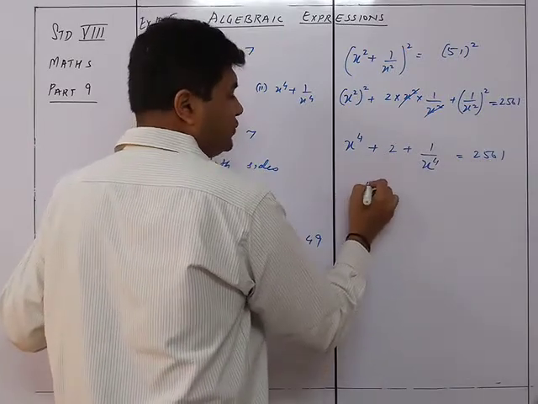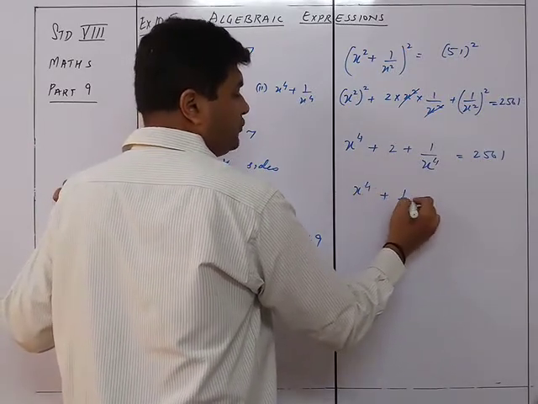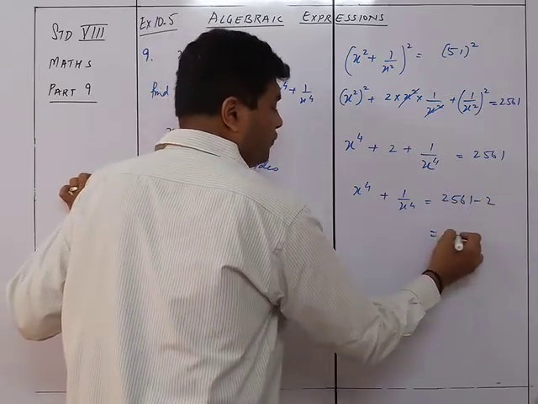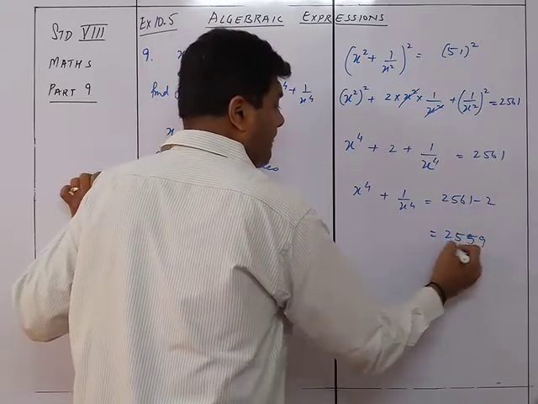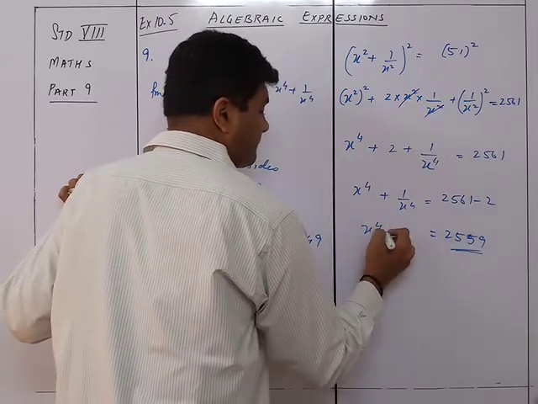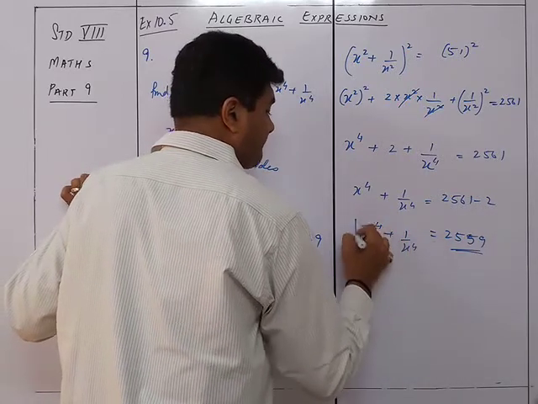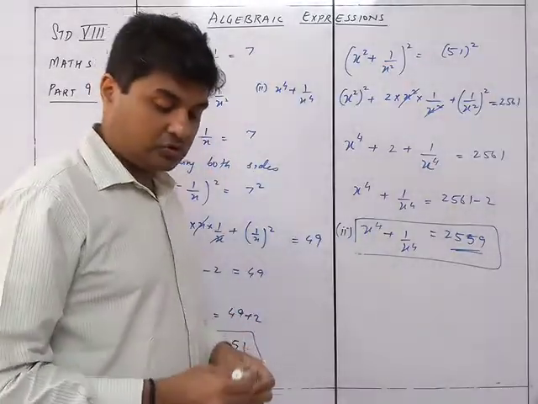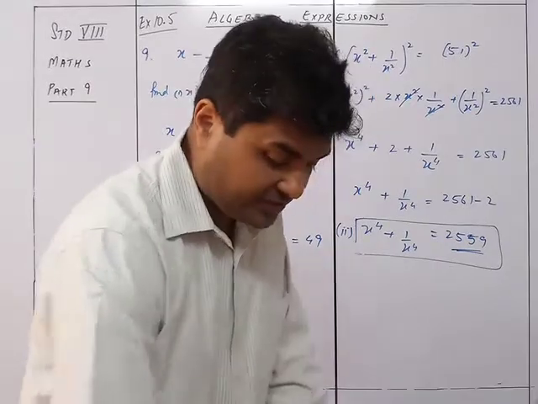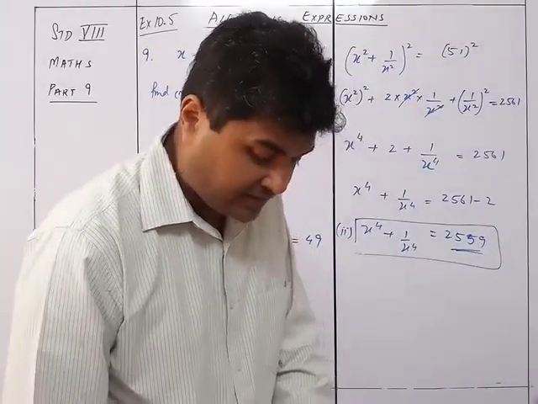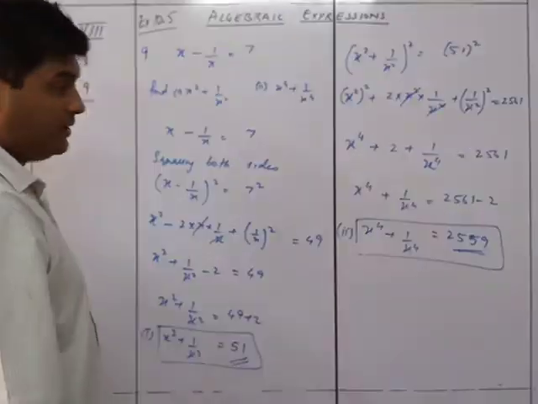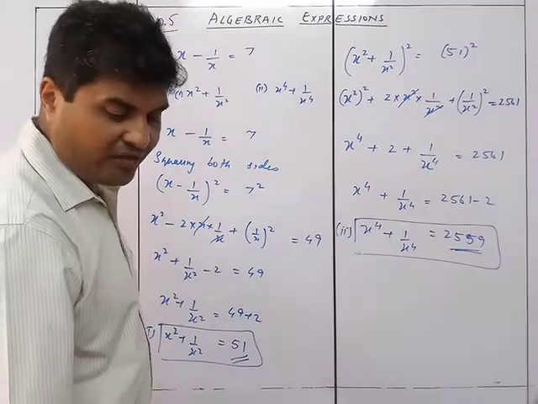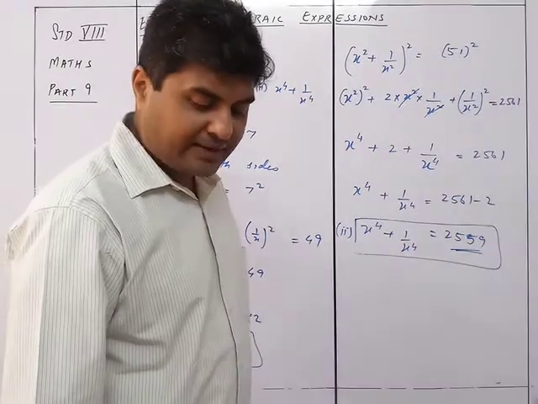It becomes x raised to 4 plus 1 upon x raised to 4 is equal to 2561 minus 2 is equal to 2559. That's the second part of the question. So the first answer is 51 and the second answer is 2599. It's 2559. They've given over here on the back side as 2599.